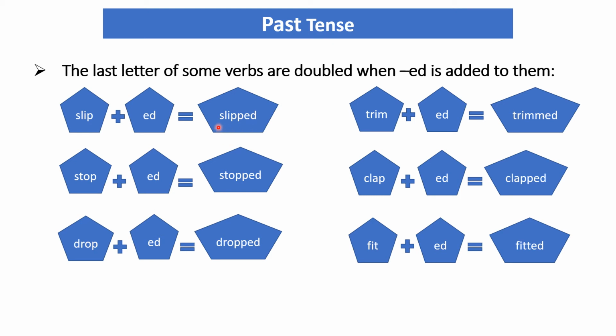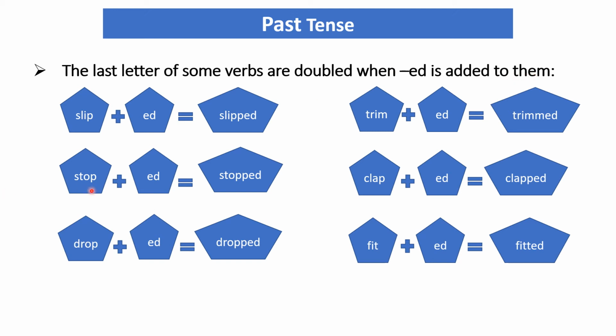As you can see, it becomes slipped. The spelling shows that the last letter of the base form verb doubles here. We are going to learn that the last letter of some verbs is doubled when ed is added to them.